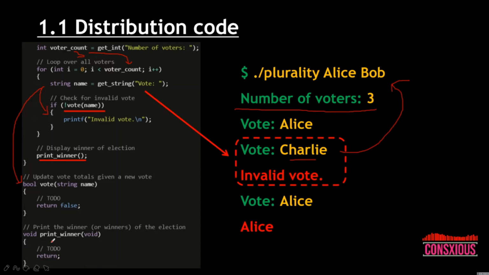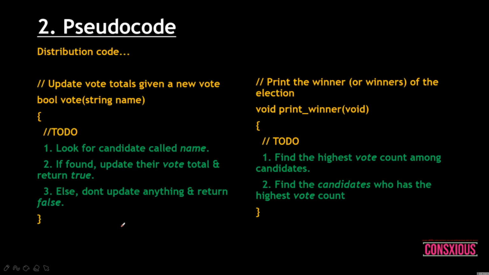Next we're going to print the winner of the election. These two are what we need to construct in this exercise. In the pseudocode, we're going to complete these two functions. Update the vote total given a new vote, bool vote(string name). First, we look for the candidate named name.